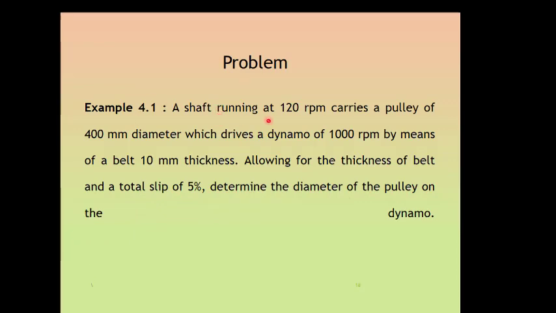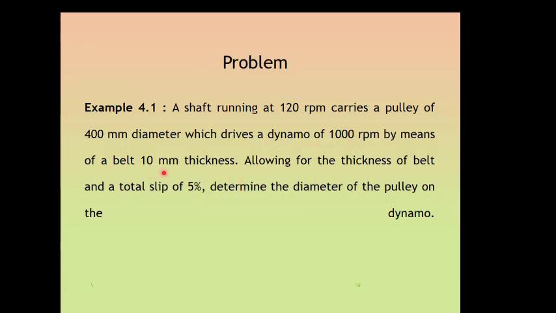It is asking, there are two speeds, driver and driven. The driver diameter is 400 mm. Similarly, we need to find the driven pulley.